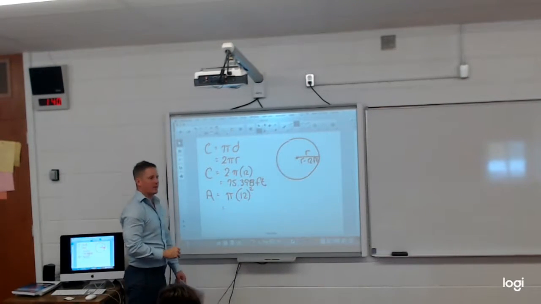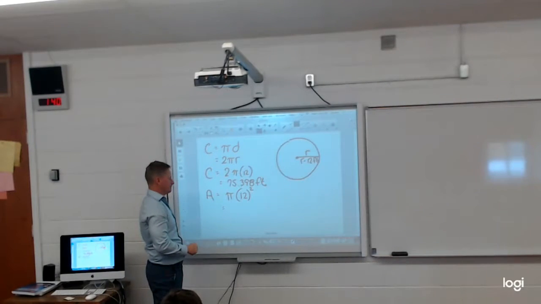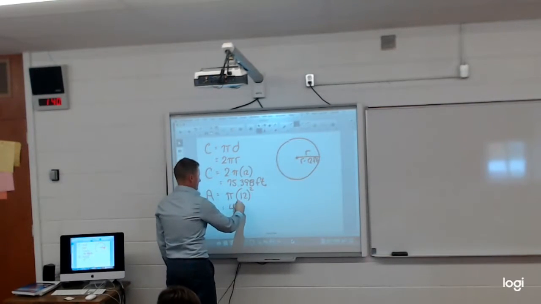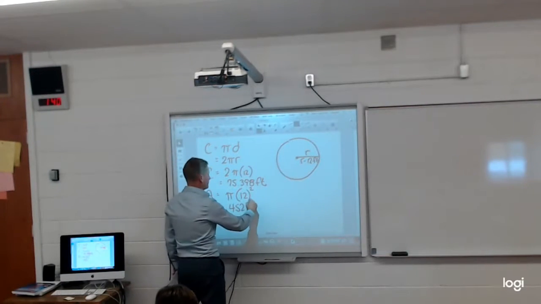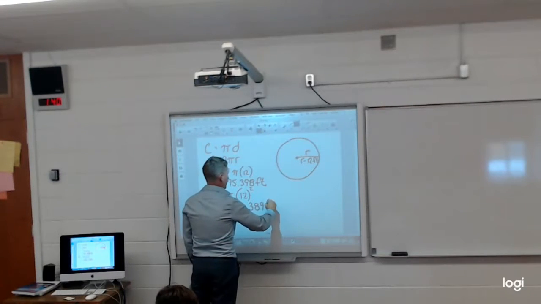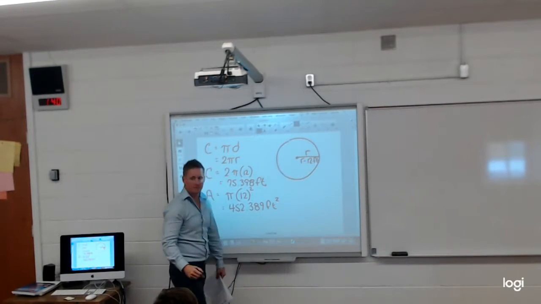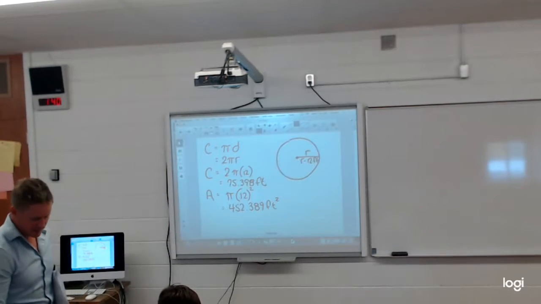So 144 times pi, which gives you, on this calculator, 452.389. Thanks, Gordon. Thanks, Josiah. And then that would give me feet squared. Sorry? I have to find the pi. Didn't we show you this the other day?